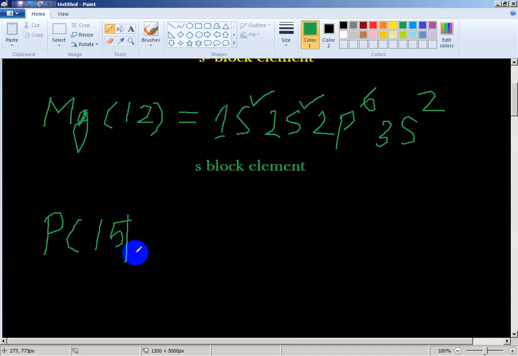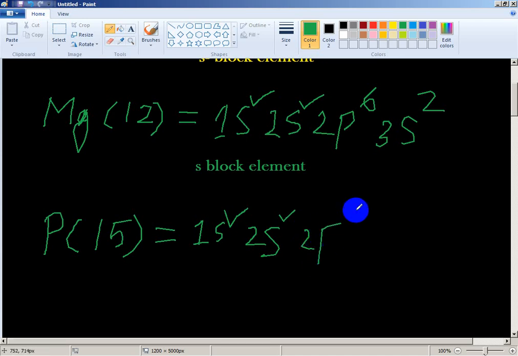So what will be the electronic configuration? 1s2, 2s2, 2p6, 3s2, 3p.